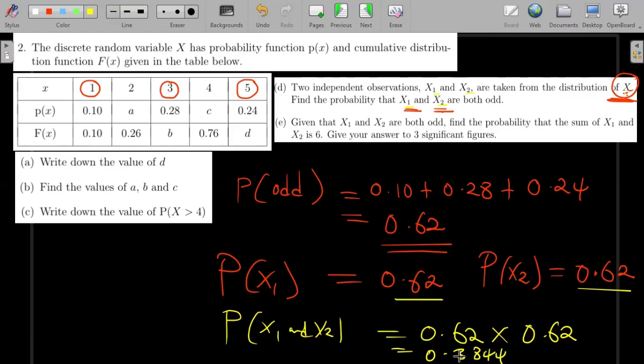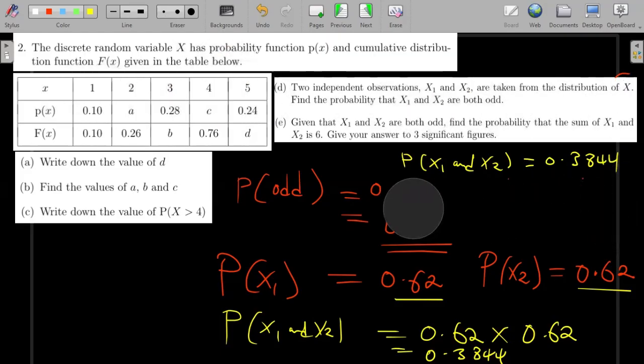So this is the probability that both X1 and X2 are odd. We can write it somewhere here: X1 and X2 are odd. The probability is 0.3844.